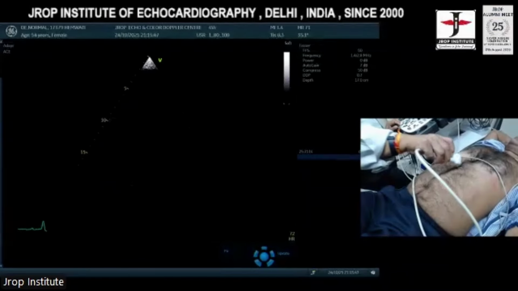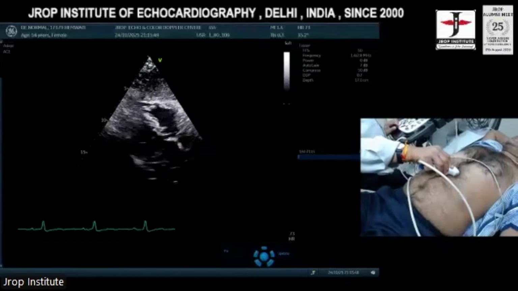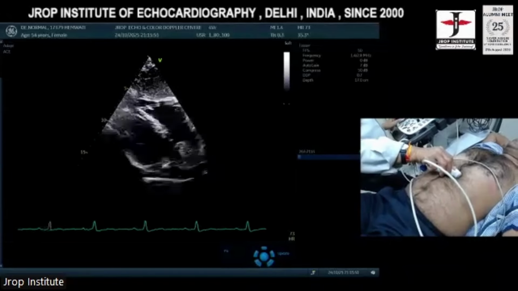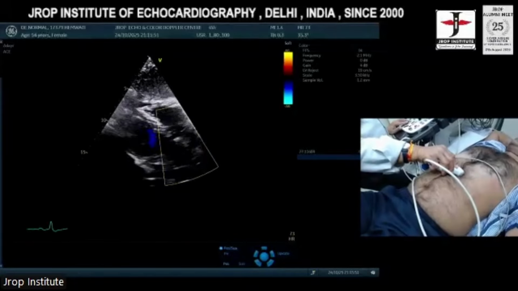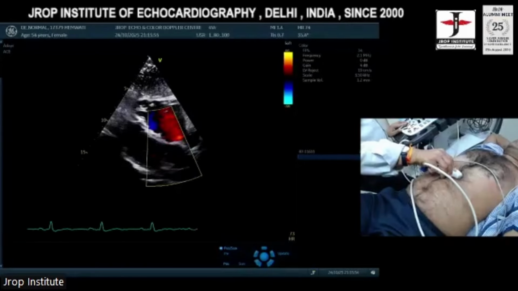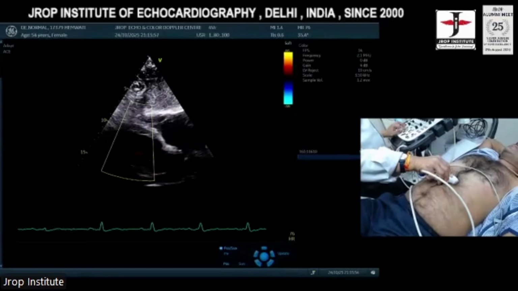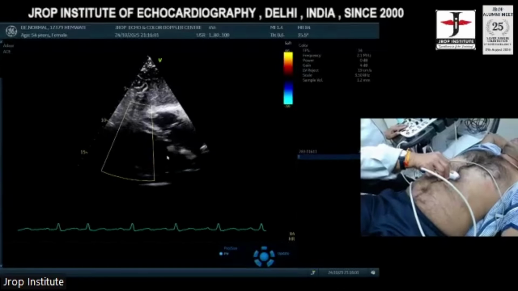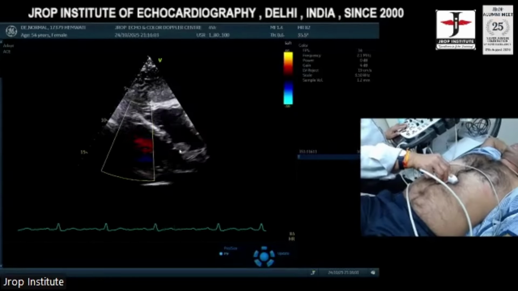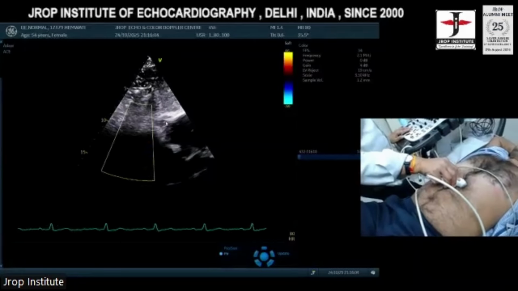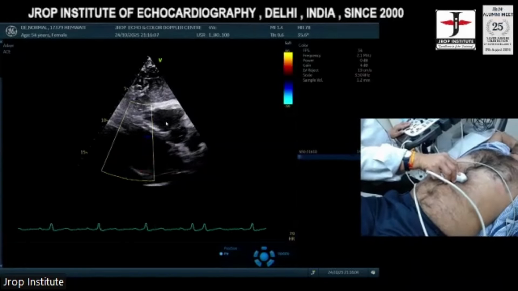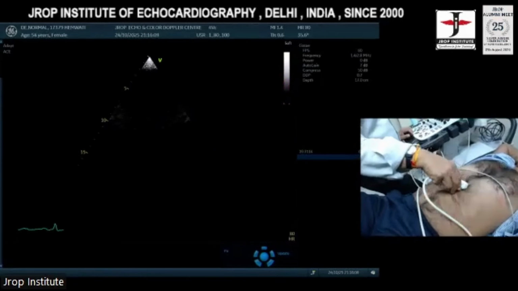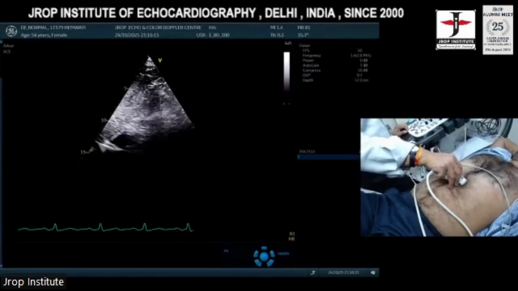I can rotate this and get my aorta opened up. Now see, the aorta is opened up already. So this becomes my LV. This becomes my aorta. Here becomes my LA. Here is my RA. Here is my RV. And this is how we do it a number of times when we do not have good windows.